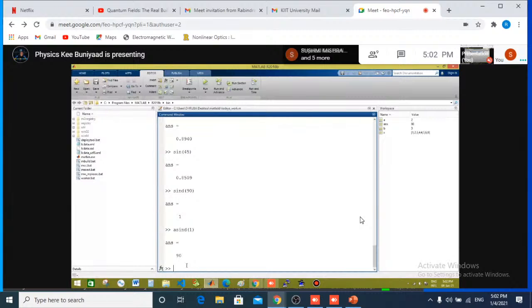If you are calculating a hyperbolic function, you have to convert degree into radian, then use it. Okay, so this is about sine and the trigonometric functions. Next we will look at exponential.